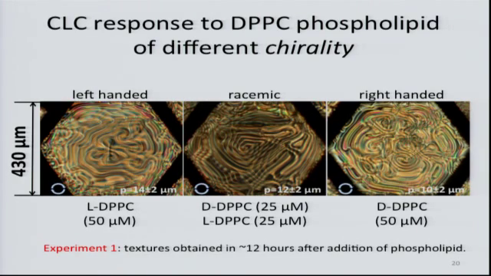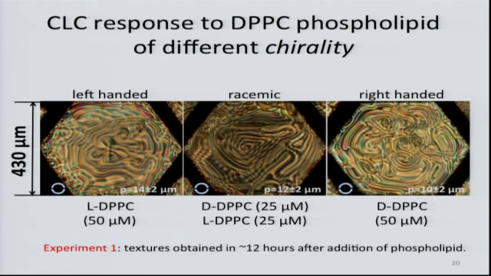That will be hard to do, but the liquid crystal is already chiral. And I think the chiral dopant that we have is right-handed. When we have a right-handed phospholipid attaching to the surface of the liquid crystal, it helps it become even more right-handed.